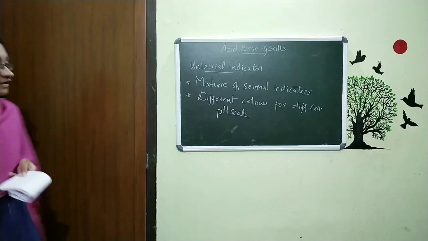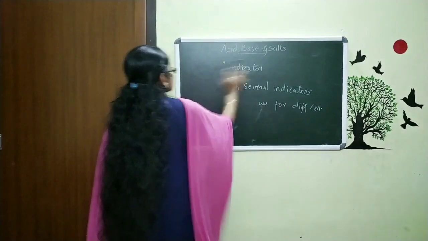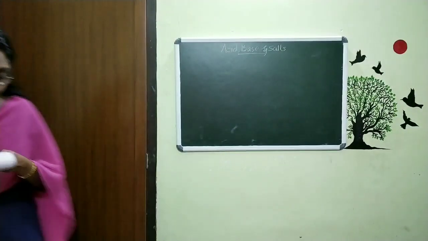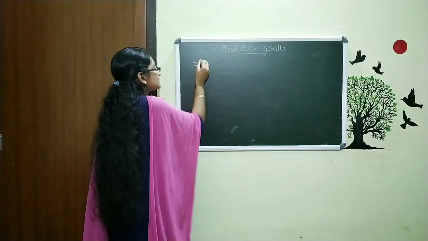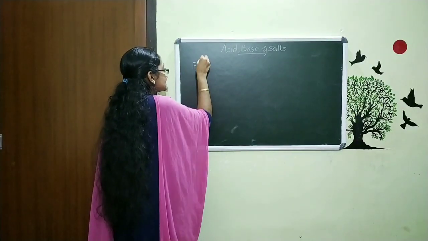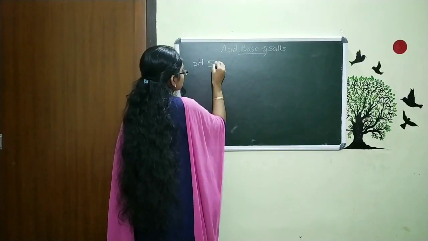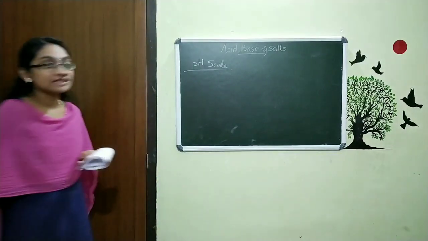First of all, we want to define the pH scale. What is this pH scale? We write small letter p and capital letter H: pH scale. What is the definition of the pH scale?